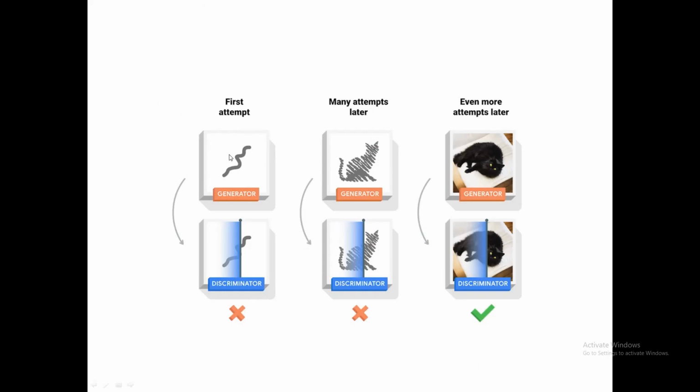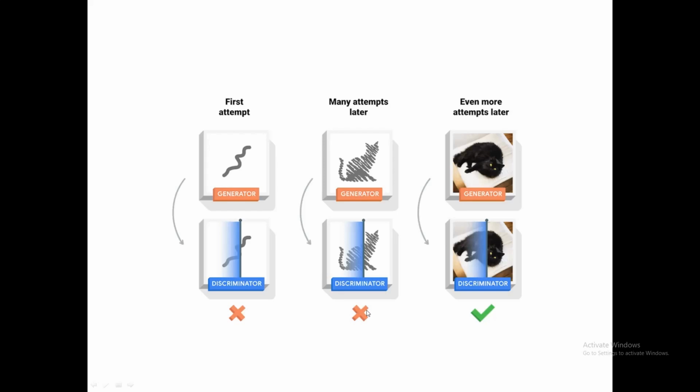In the first attempt, the generator just gives some scribbling or lines for making the cat. At that time the discriminator easily identifies that this is not a cat. After many attempts, it looks like a cat but is not a real cat, just an outline of the cat generated by the generator.